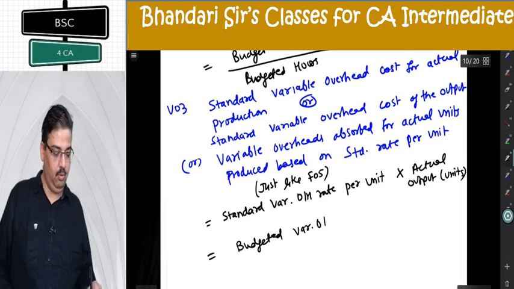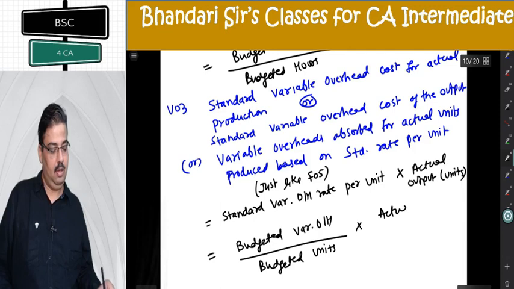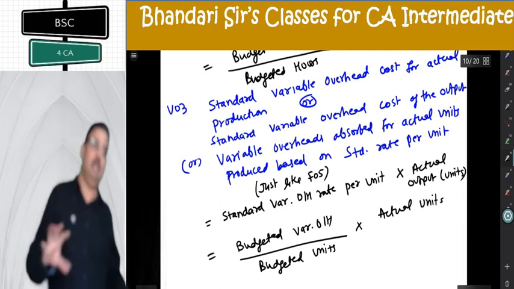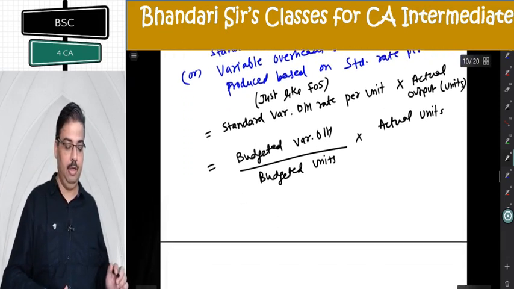Budgeted variable overhead divided by budgeted units multiplied by actual units. So they are exactly the same as in FO5. VO3 is to be computed for variable overheads.